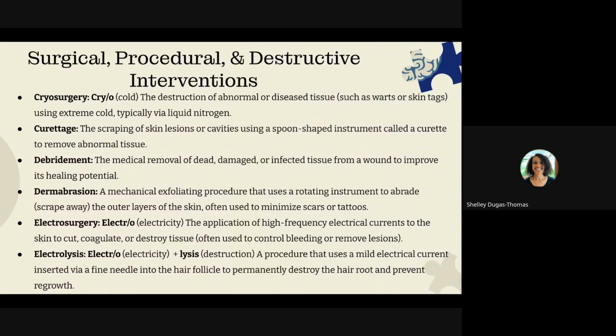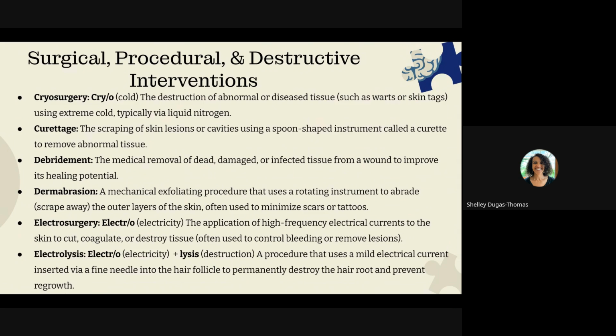When medications aren't enough, we use procedural interventions. Cryosurgery uses cryo, cold, using extreme cold like liquid nitrogen to freeze and destroy abnormal tissues like warts. Curettage is scraping away abnormal tissue using a spoon-shaped cutting instrument. Debridement is the essential cleaning process of removing dirt, foreign bodies, or dead tissue.